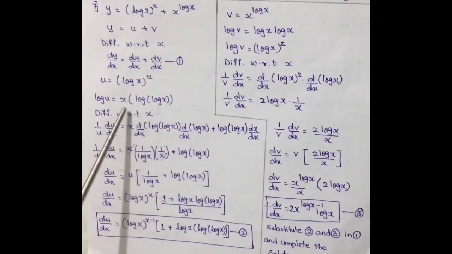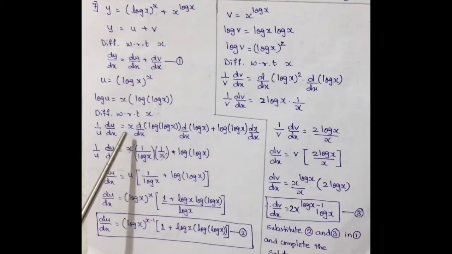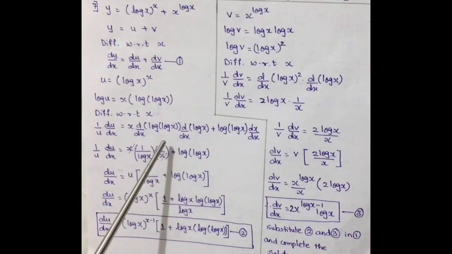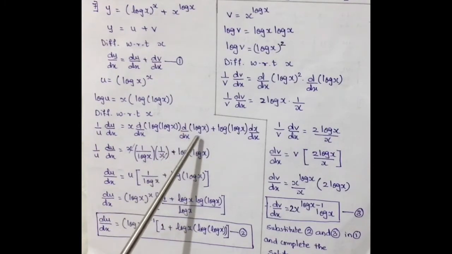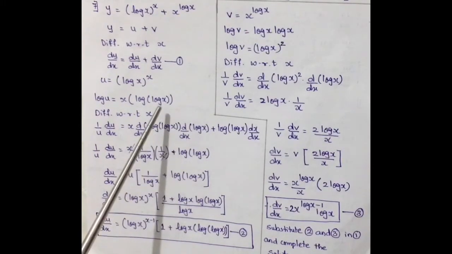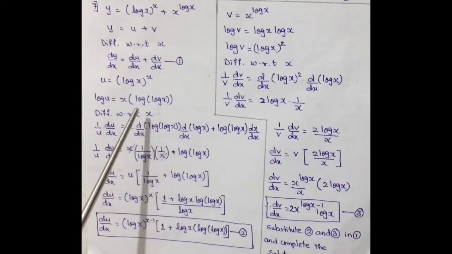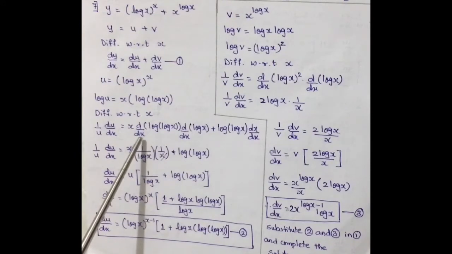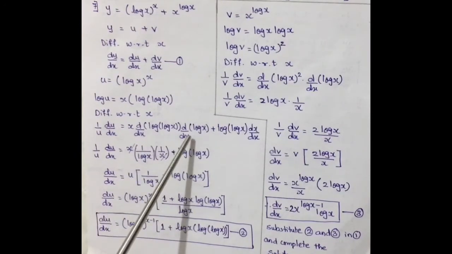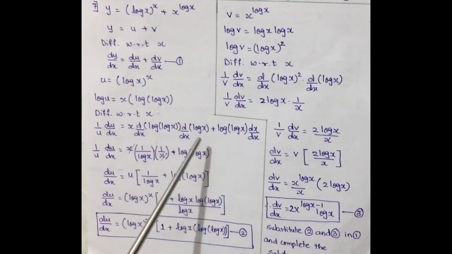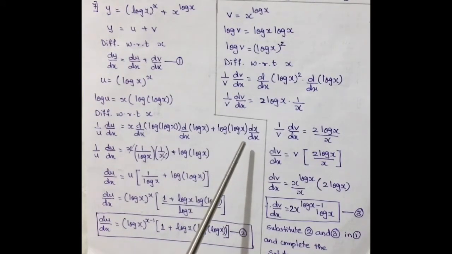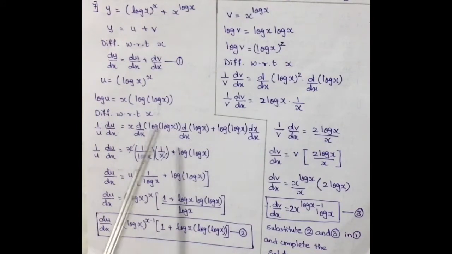Making use of the multiplication rule here, x is as it is, d by dx of log of log x, making use of the chain rule here for differentiating log of log x. So first d by dx is for the outer log, second is for log x, plus keeping log of log x as it is, differentiating x, dx by dx.